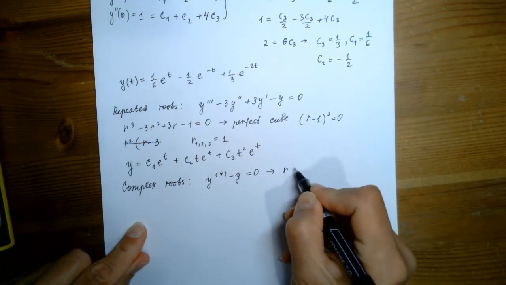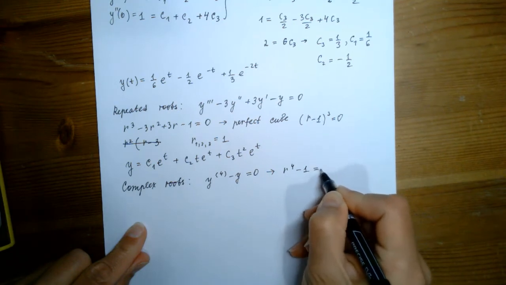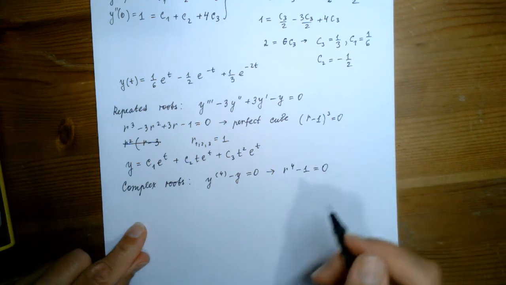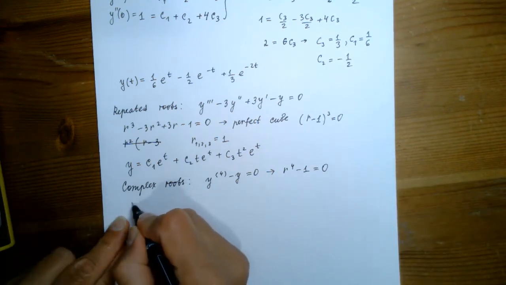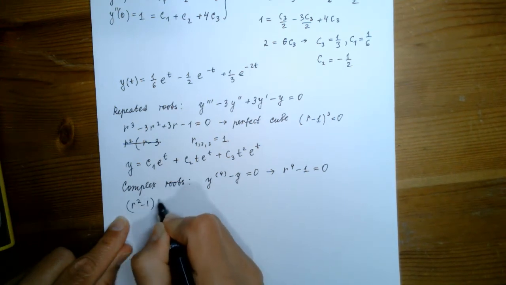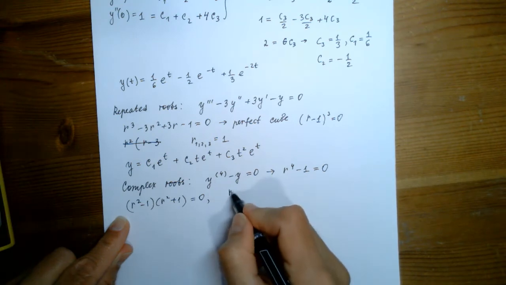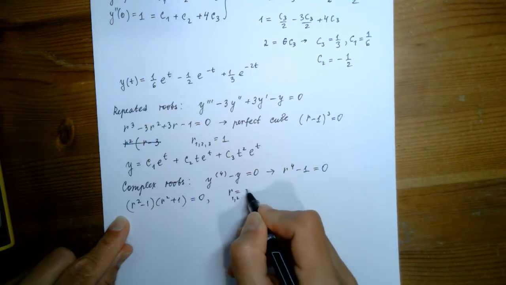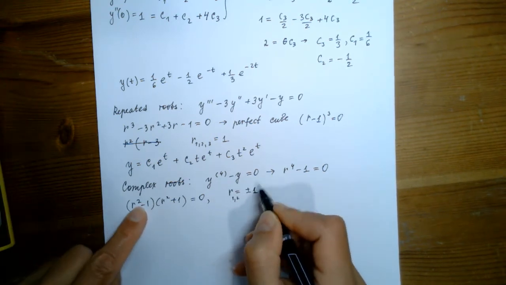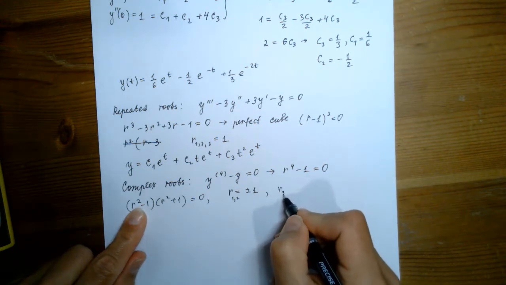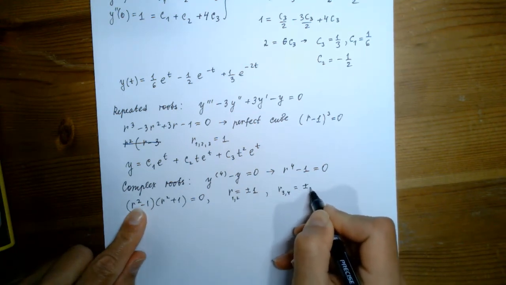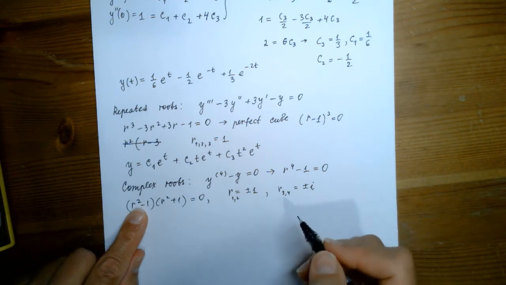From where the characteristic equation is r to the power of 4 minus 1 equals 0. And we are going to have what? (r squared minus 1)(r squared plus 1) equals 0. We do have two real roots, r1 and r2 are equal to plus minus 1 from the first factor, right? And we do have two complex conjugate roots which are plus minus i.